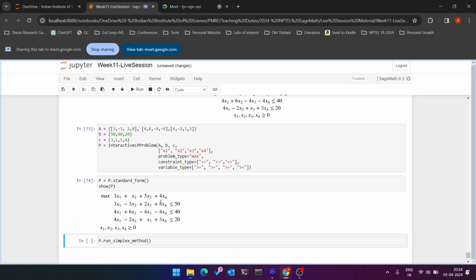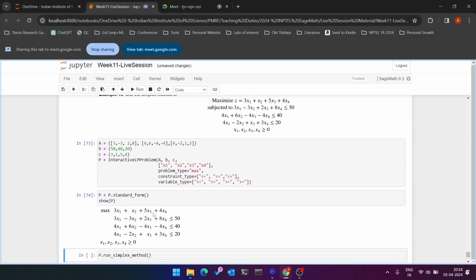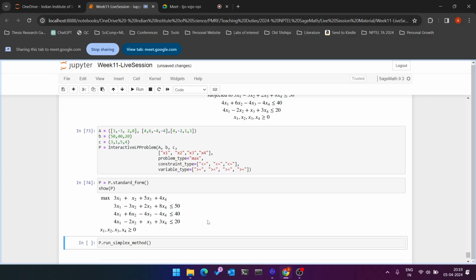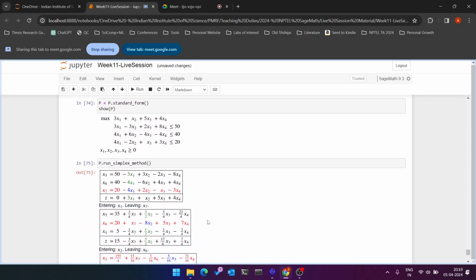So maximize 3x1 plus x2 plus 5x3 plus 4x4 with the constraints 3x1 minus 3x2 plus 2x3 plus 8x4 less than or equal to 50, 4x1 plus 6x2 minus 4x3 minus 4x4 less than or equal to 40, as well as the third constraint. And now run the simplex method.